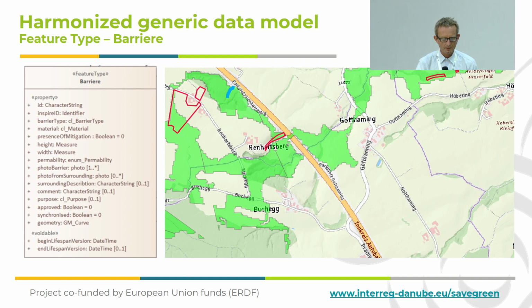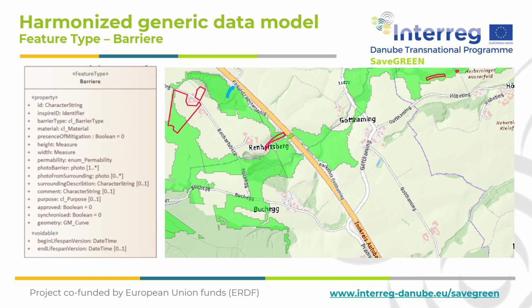For the barrier, we have the material, the presence of mitigation, the height measurement, the width, and whether it is permeable or not, so a classification. We have the photo documentation of the barrier, of the surrounding, a surrounding description, a comment, and the purpose of the barrier.